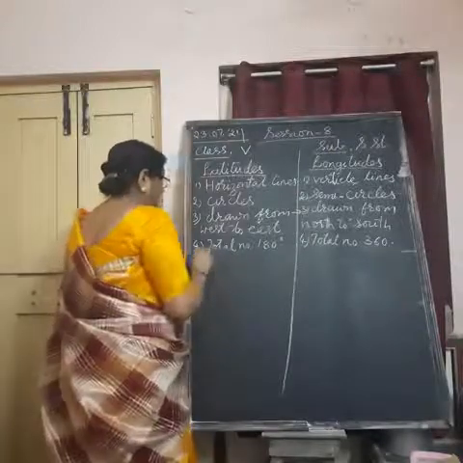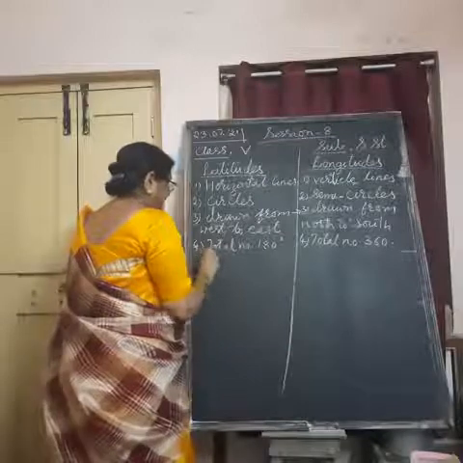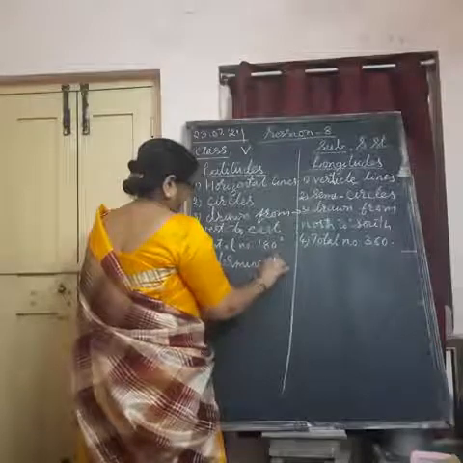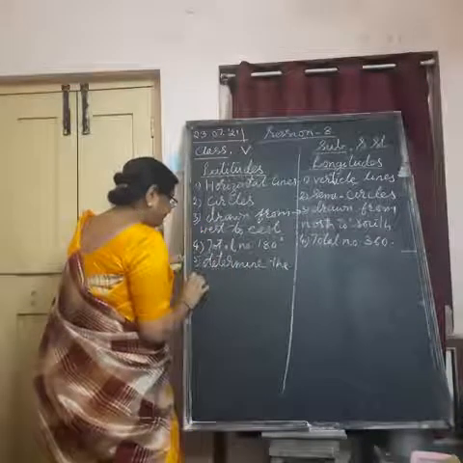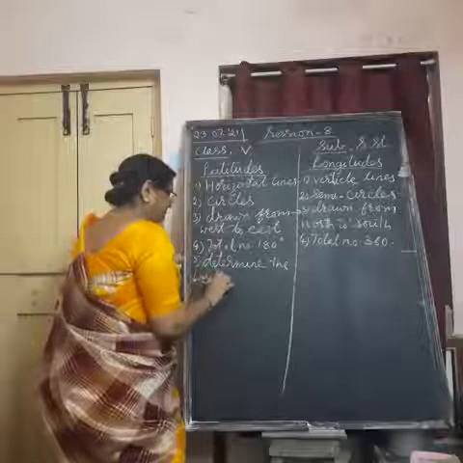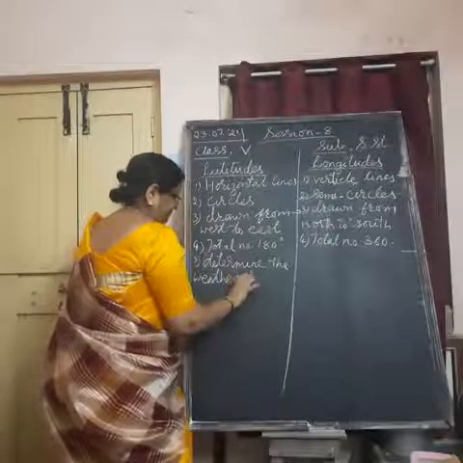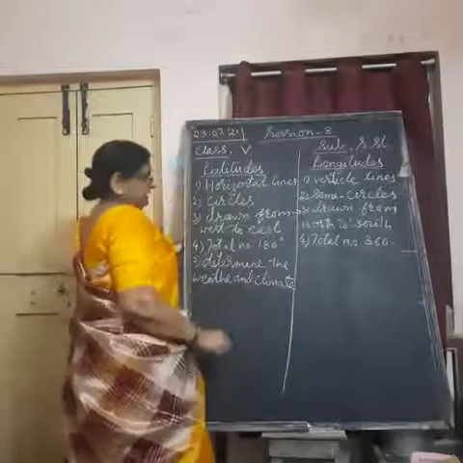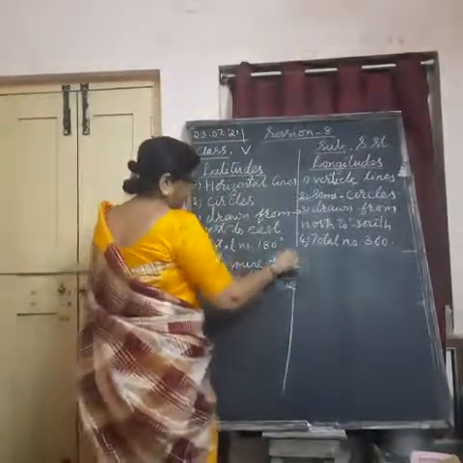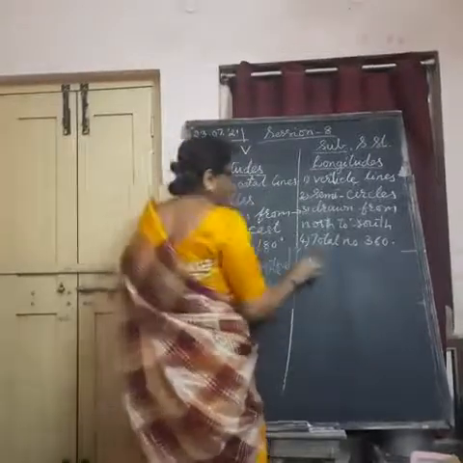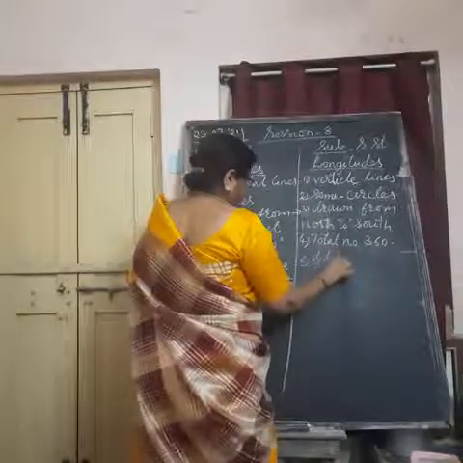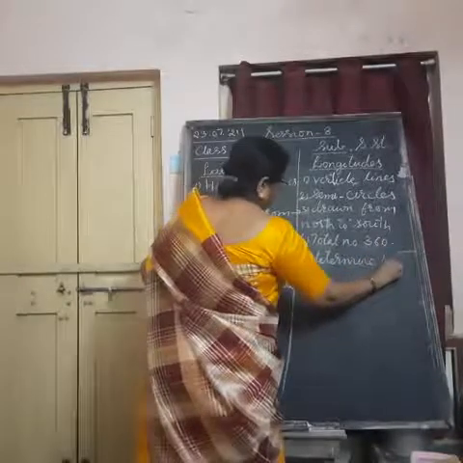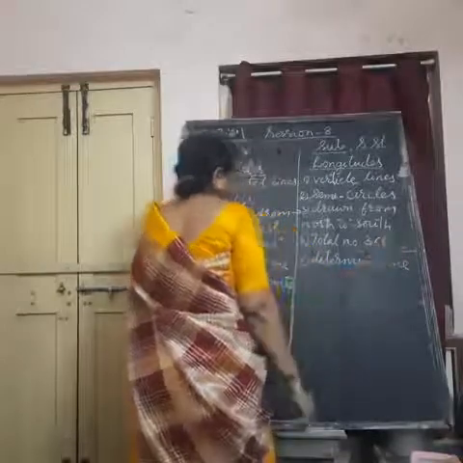And fifth, latitudes determine the weather and climate, whereas longitudes determine time.